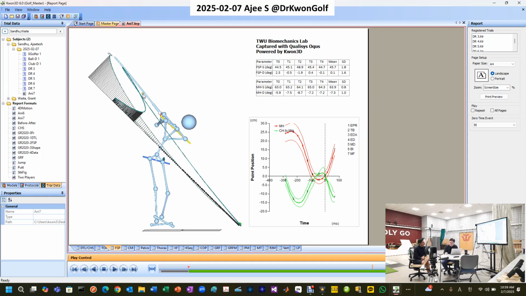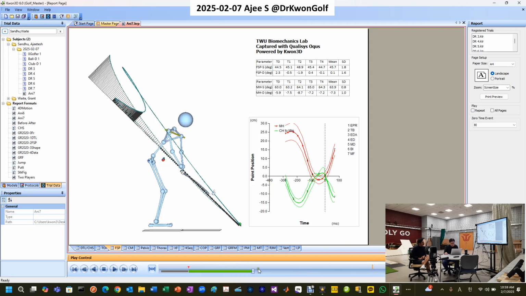When this happens, the large deviation occurs because either you have too much rotation of your shoulder in the follow-through, or you have a lot of flipping motion here. And with this layoff, your swing plane tends to be flat. The slope of the swing plane is about 45 degrees.